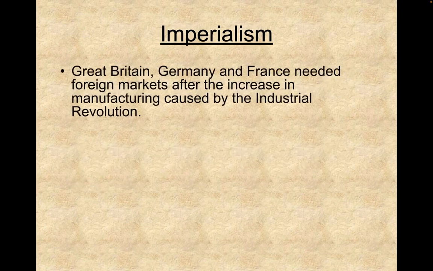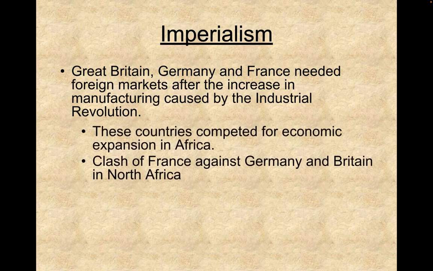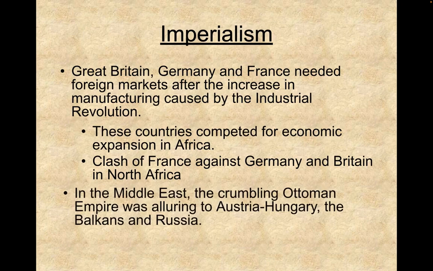So, Great Britain, Germany, and France needed foreign markets after the increase in manufacturing caused by the Industrial Revolution. These countries competed for economic expansion in Africa, just like I said. The clash of France against Germany and Britain in North Africa, because the French had really taken North Africa for itself. In the Middle East, the crumbling Ottoman Empire was alluring to Austria-Hungary, the Balkans, and Russia.